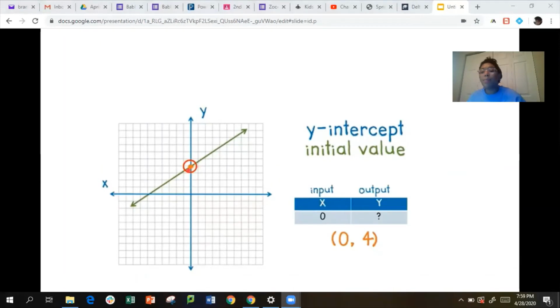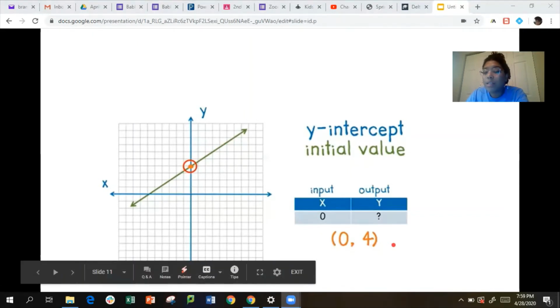It is the point where x is 0 and the line crosses the y-axis. So if you see here, it has an orange dot. This line is crossing over the y-axis, and the value of x is 0. If you count up 1, 2, 3, 4, that's why we have (0, 4). So that is our y-intercept.